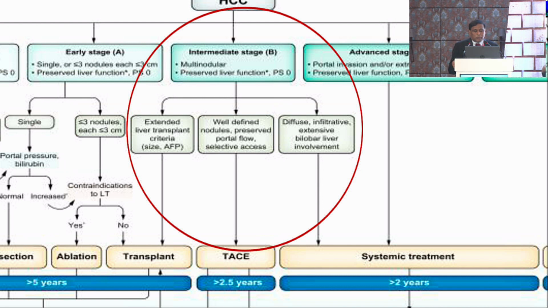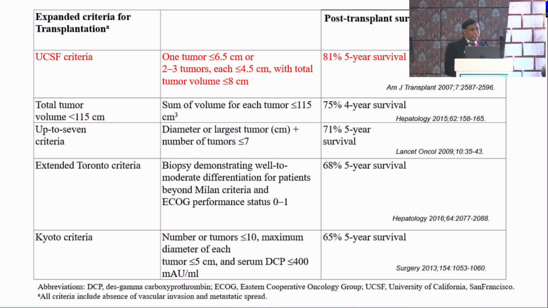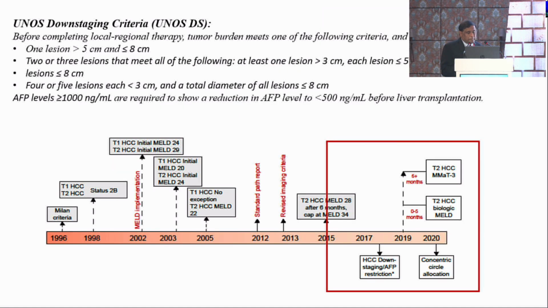B, you can go for downstaging, and hopefully you can go for transplant. And C, you have got nothing else except going for systemic therapy. There are different modalities here. I mean, we use TACE all the time, and it's a very good result. I'm not going into details of that. And another staging system is also there in the expanded criteria for transplant.